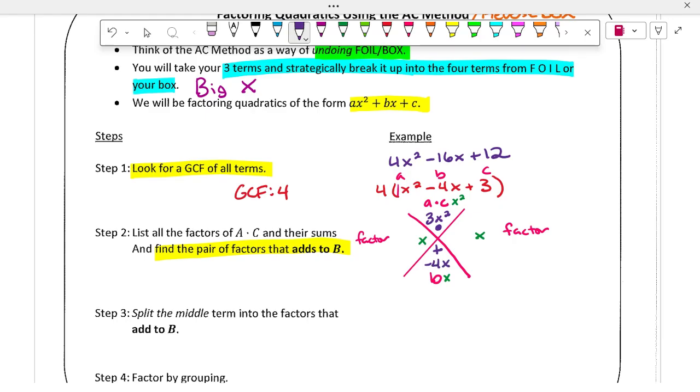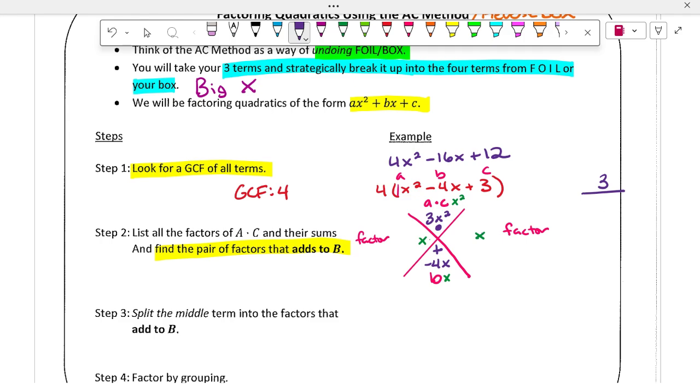So why do I include the x squared and the x? Because I know that these values are going to have x's on the end because they're replacing the -4x. Remember, x times x is x squared, and if you combine like terms, you have to have both x's to add to a -4x. Now, we're going to list factors of 3 that will add to -4.